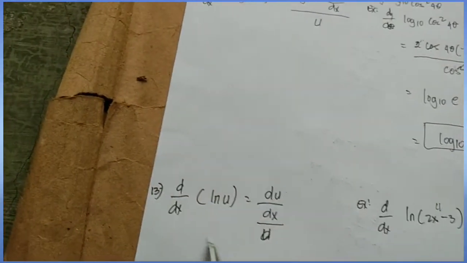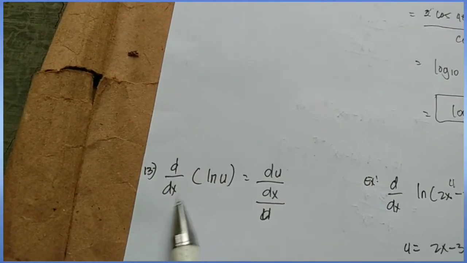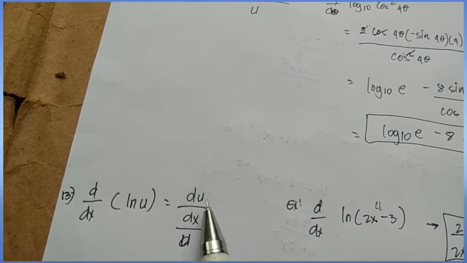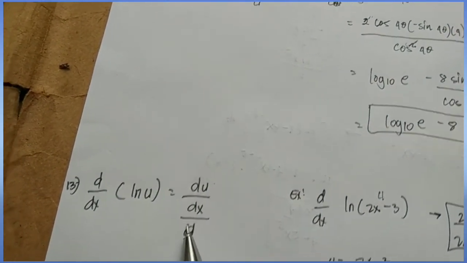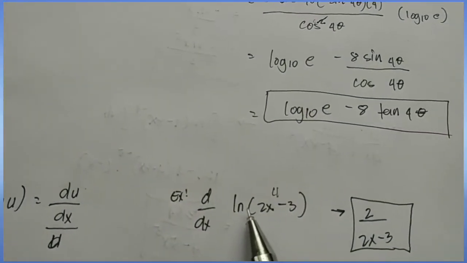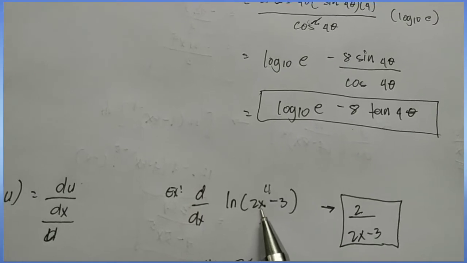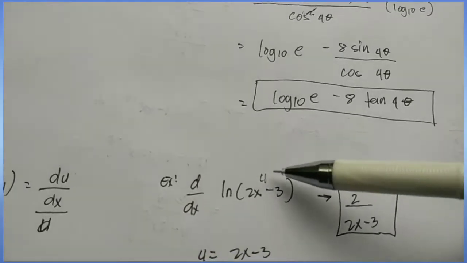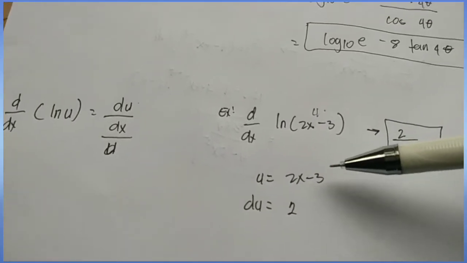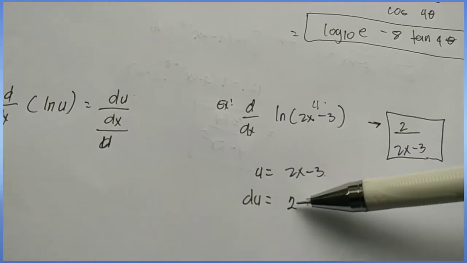And for number 13, d over dx of ln u is equal to the derivative of your u over your u. So for example, we have ln of 2x minus 3. So this is your u. Your u is 2x minus 3. The derivative of that is 2.